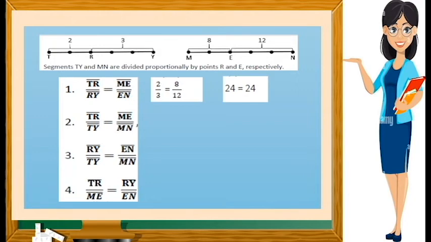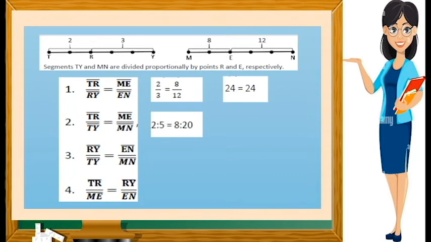So 2 times 12 is 24 and 3 times 8 is also 24. Next, segment TR is to segment TY as segment ME is to segment MN. TR is equal to 2 and TY is equal to 5. 2 plus 3 is equal to 5.